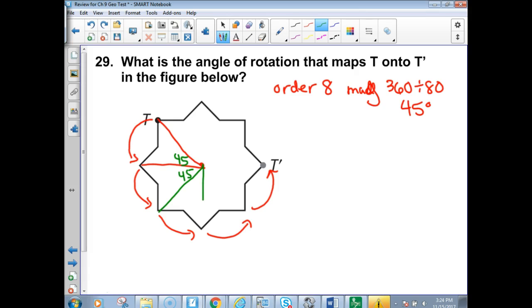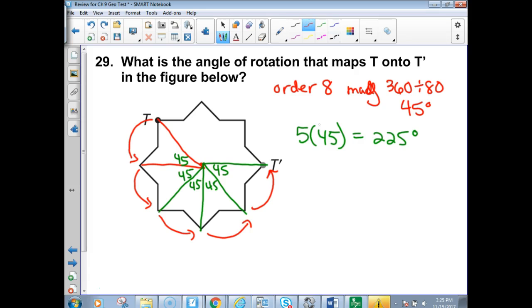going? We're going all the way from there to there to here. Another one, and that's why I'm telling you, you don't have to draw all this to understand it, but I'm trying to illustrate for you why it's going to be 5 times 45, and that's a 225-degree rotation to get from T to T prime. Now, in the key, it says 135.